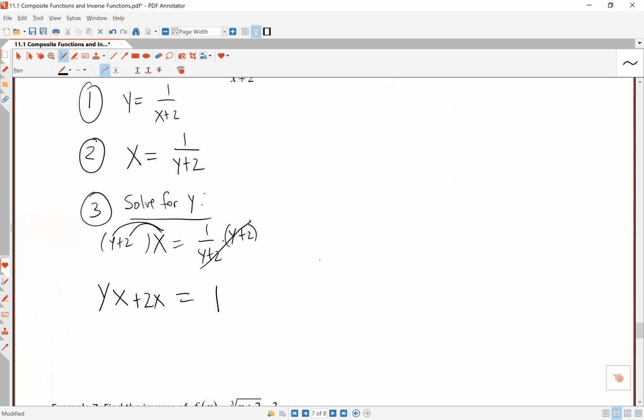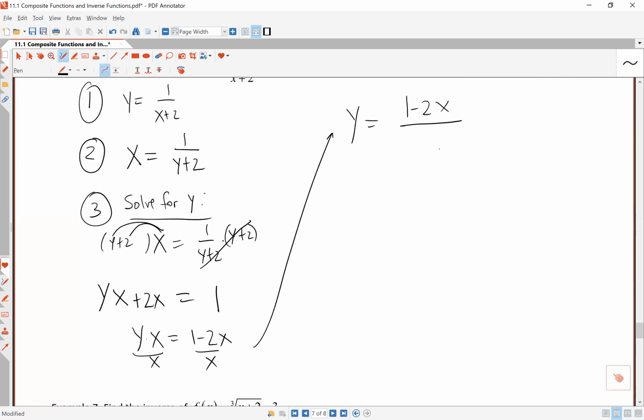Solving for y, we have y times x equals 1 minus 2x. To solve for y, we divide both sides by x, and this says that y is equal to 1 minus 2x all over x.